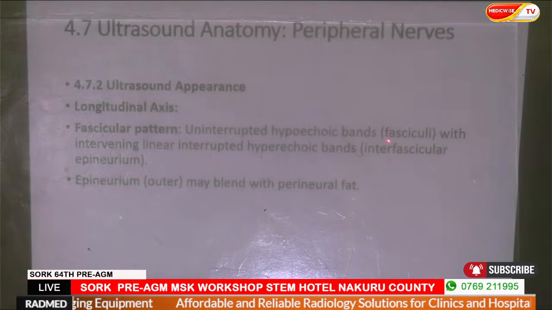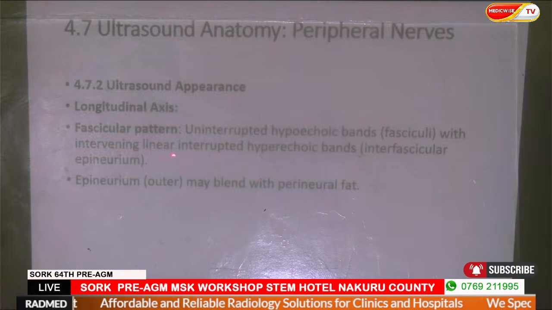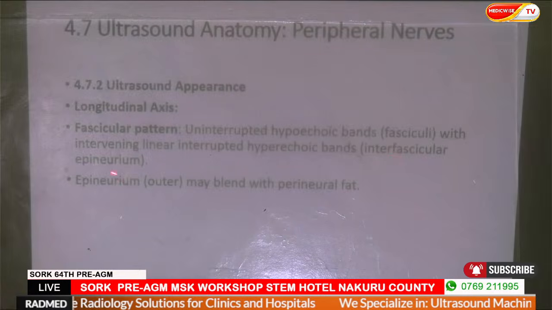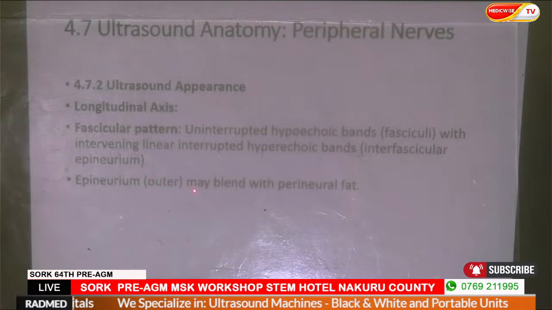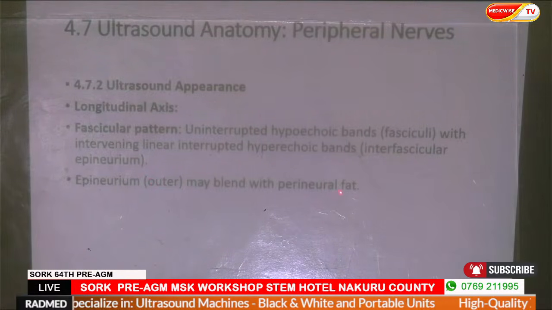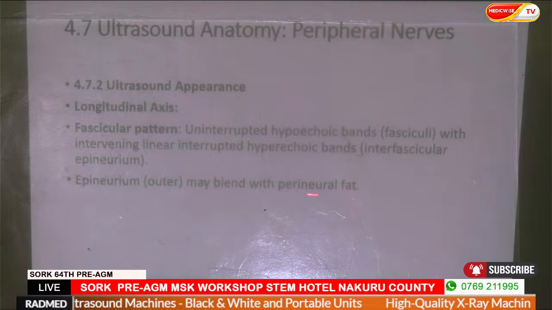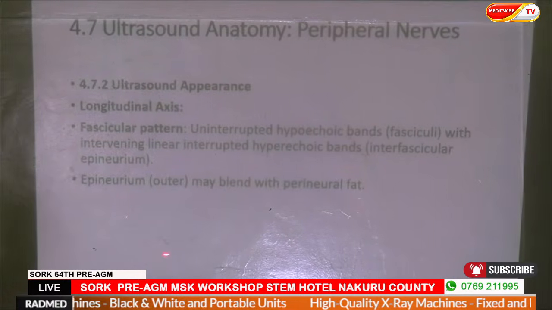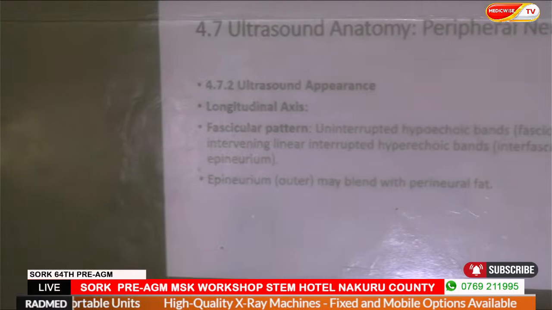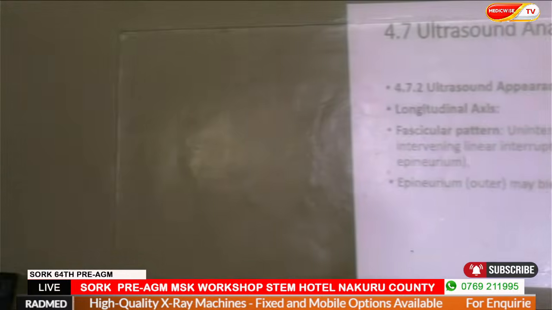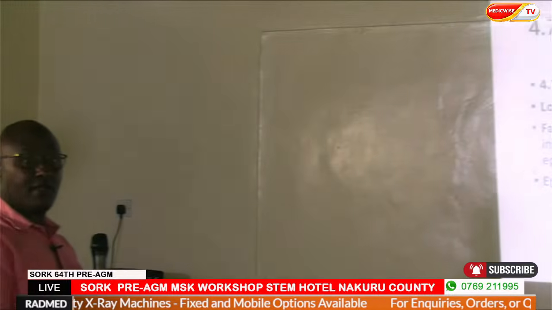Uninterrupted hypoechoic bands are the fasciculi, with intervening linear interrupted hypoechoic bands, the interfascicular epineurium. Epineurium is the outer layer, and may blend with the perineural fat. These nerves are surrounded by a layer of fat to protect them from damage or injury. It works as a pad.